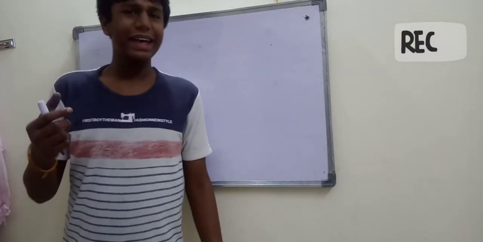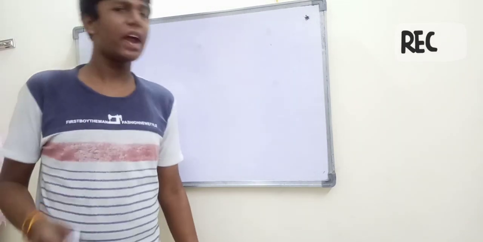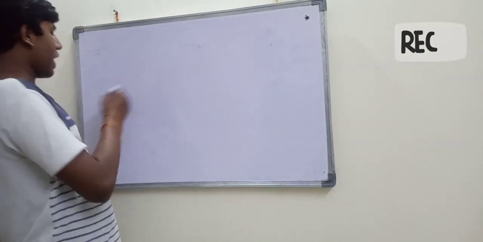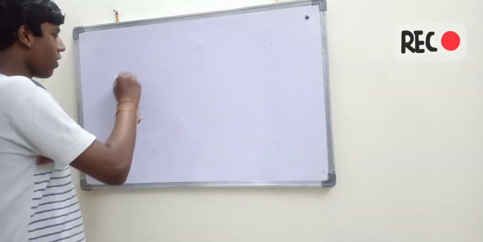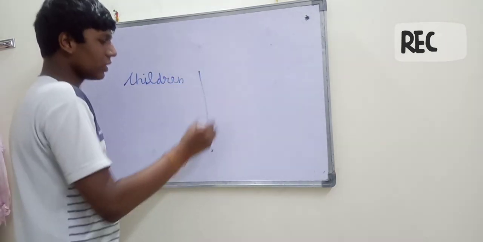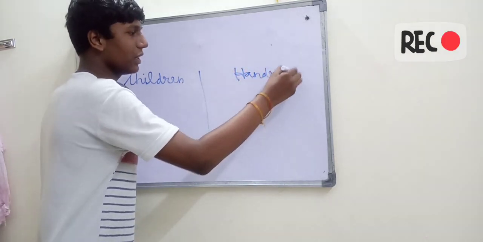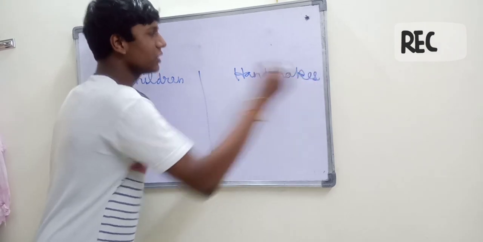So now to answer that question, we need to derive a formula for the number of handshakes. Now I would make a table over here. I would write children, and on the other hand I would write handshakes, number of handshakes between them. So let's start with a single child.